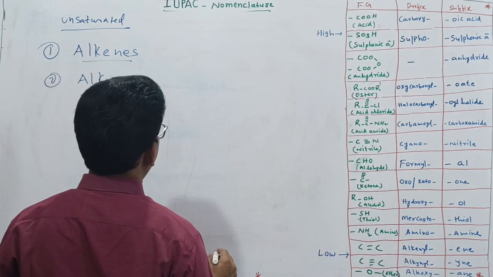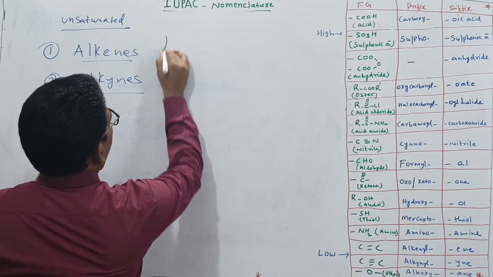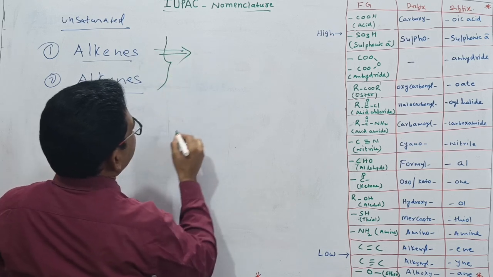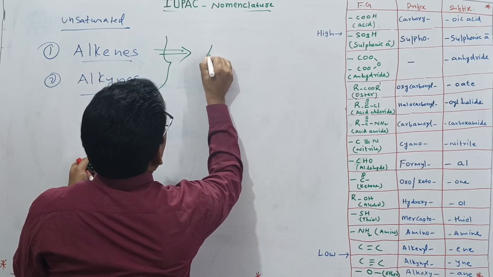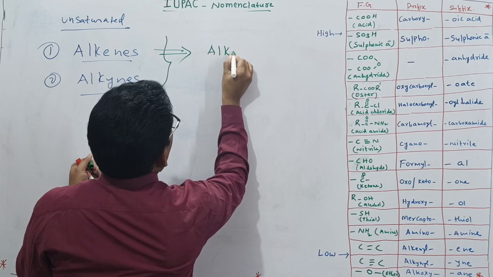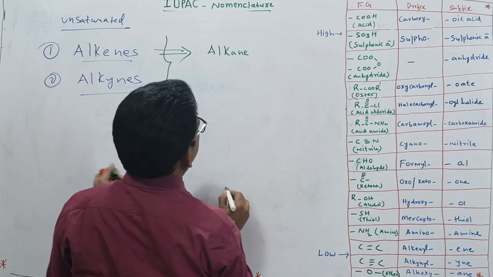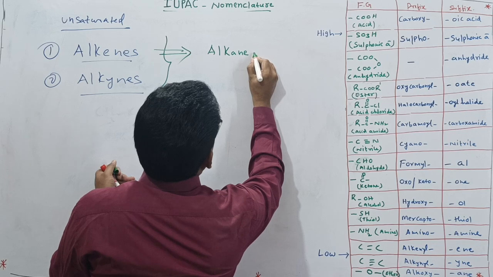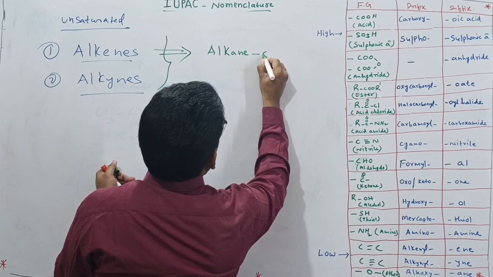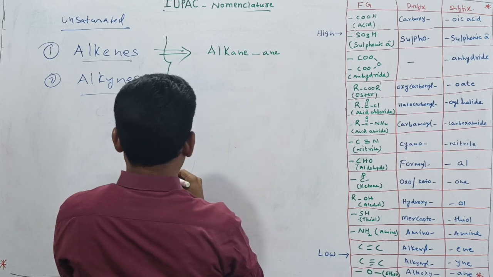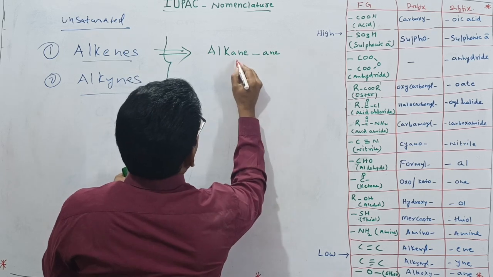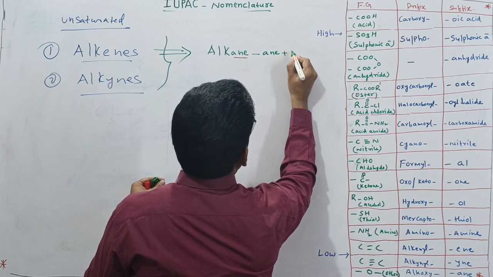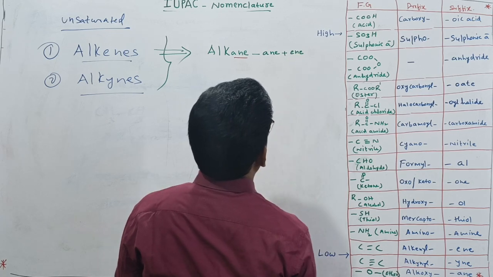Nomenclature according to the IUPAC, especially for alkenes, we are writing the IUPAC name: alkane, minus ane, plus ene.